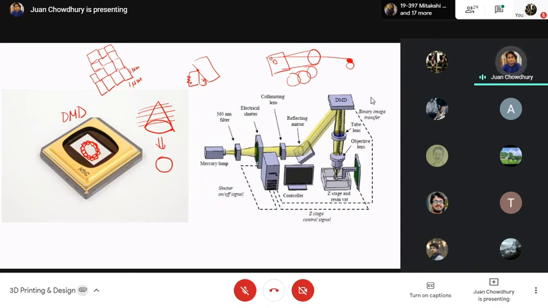Only this will get deflected. This will be possible if it is a hollow cone. If it is a solid cone, all these mirrors will be deflected. So that's digital information that I need to send to this DMD chip.